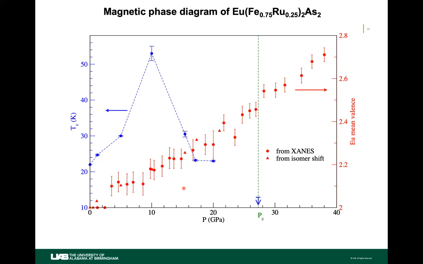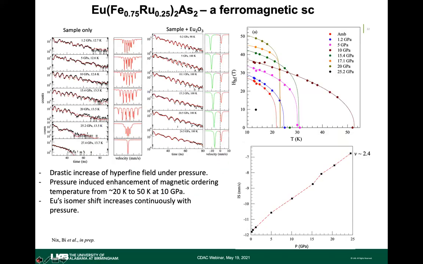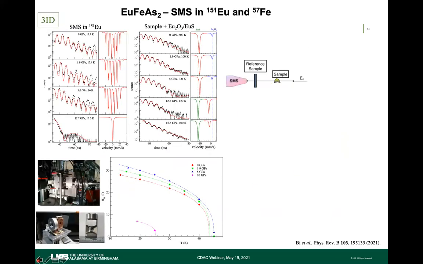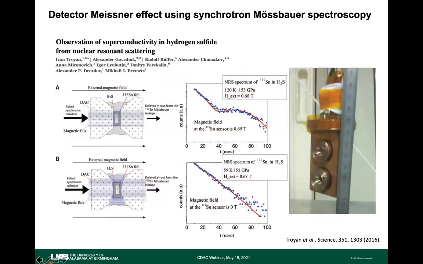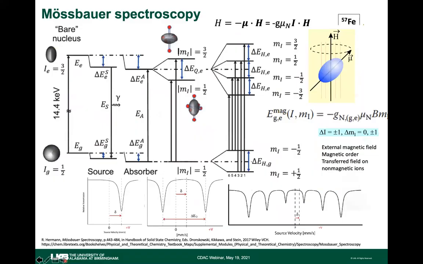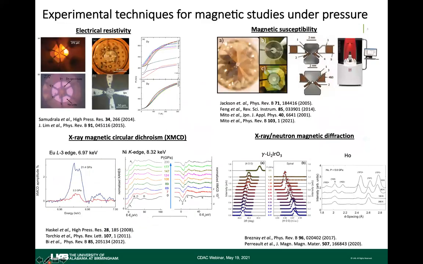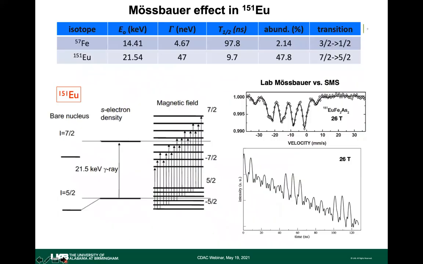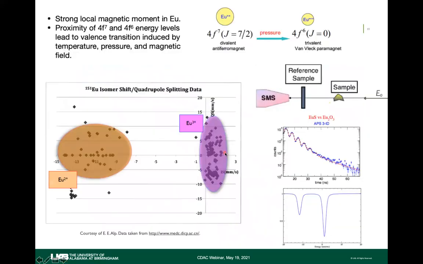It's possible, because if I go back to that plot of the isomer shift for different europium compounds, there is actually a small variation for different compounds in different chemical environments.